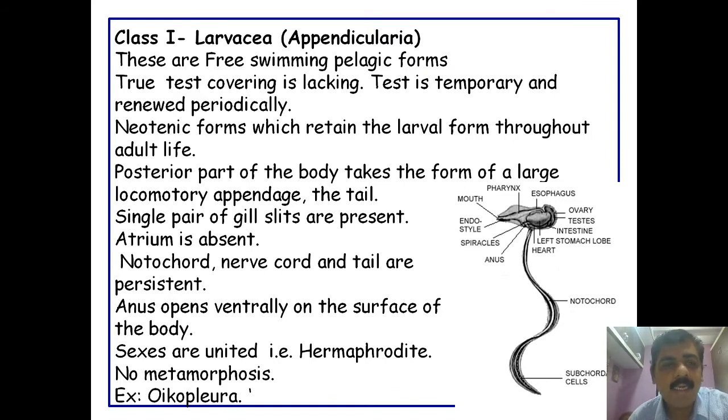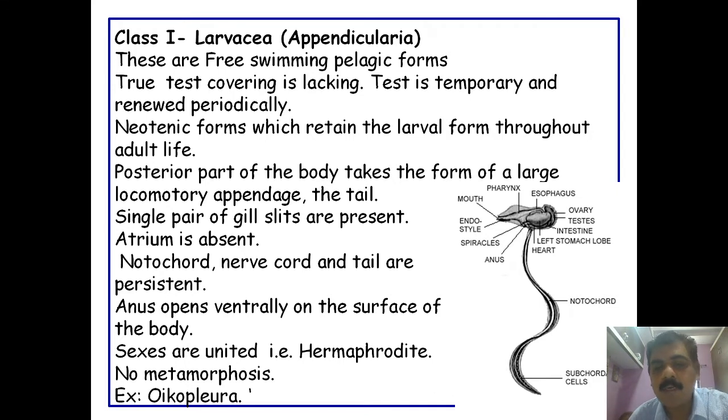These Larvacea are free-swimming pelagic forms, and the test or tunic is absent, or temporary, and it is renewed periodically. As the name suggests, the Larvacea are neotenic forms, and they never metamorphose and retain the larval form throughout adult life.